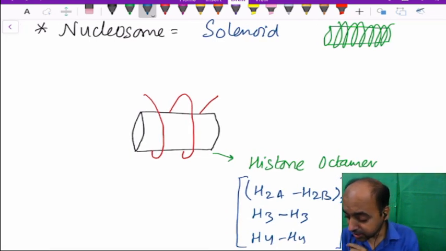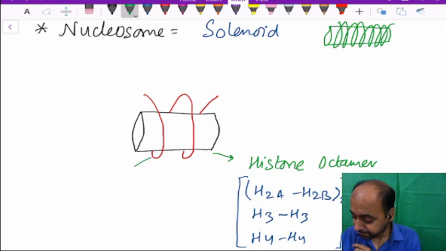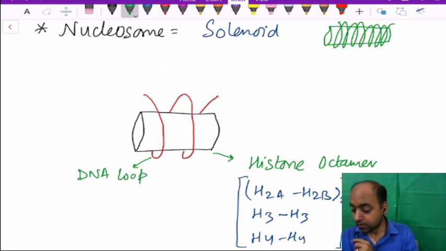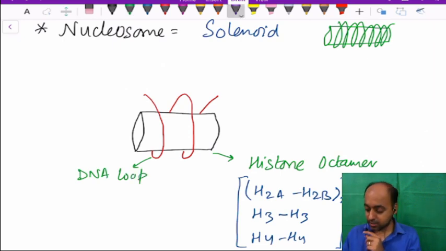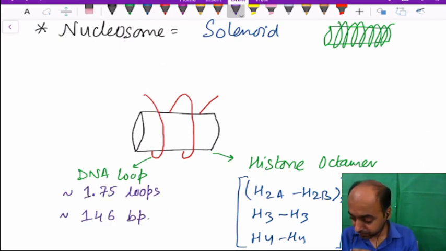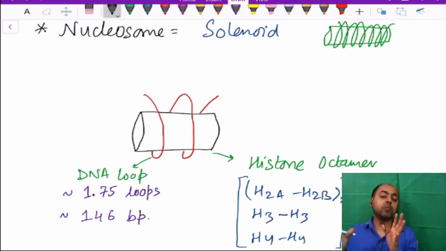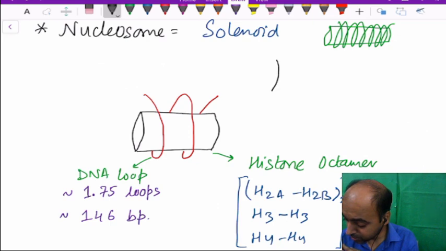The DNA which is attached here typically forms 1.6 turns, about 147 base pairs. Now obviously this nucleosome cannot be sitting alone.